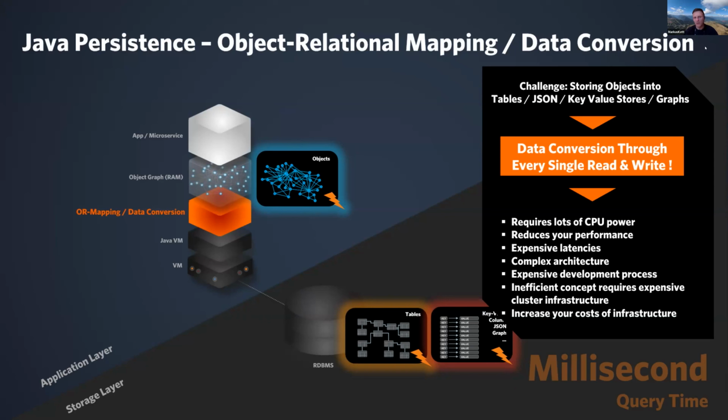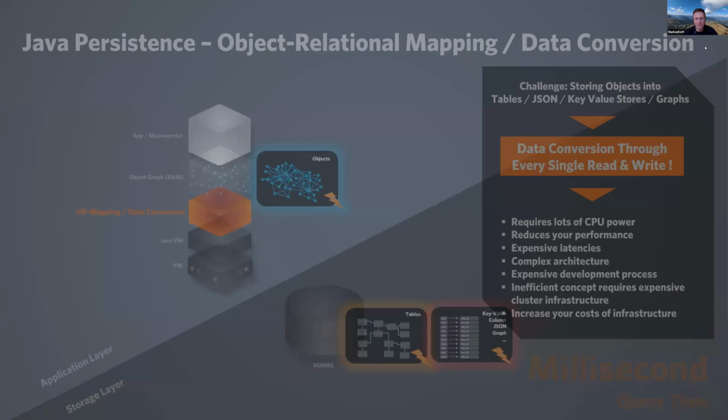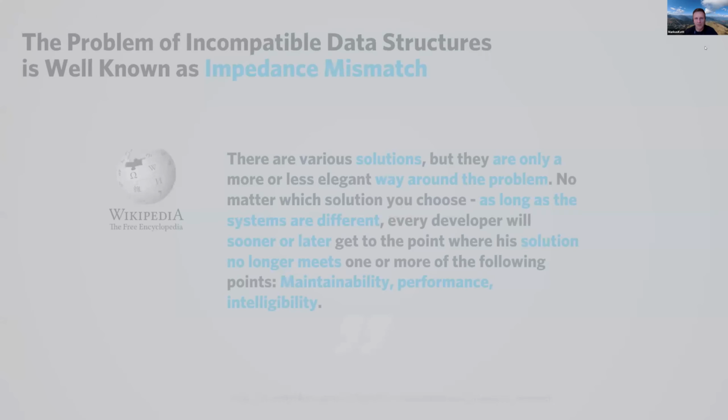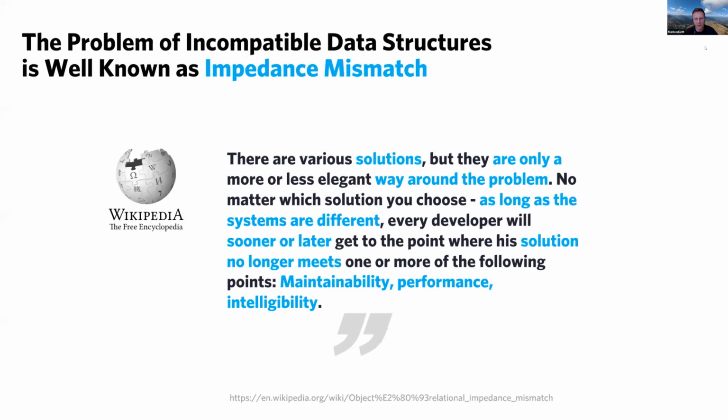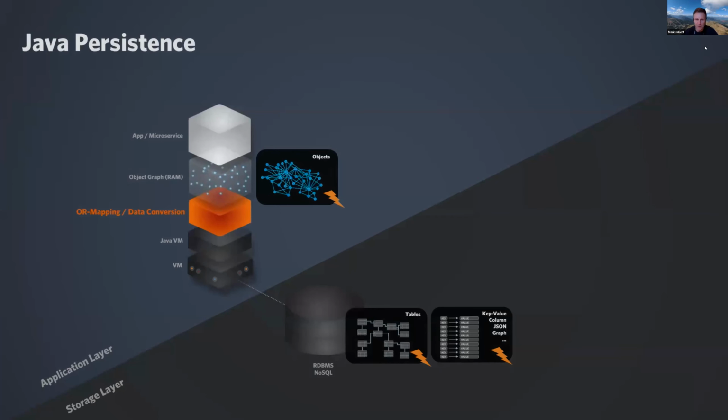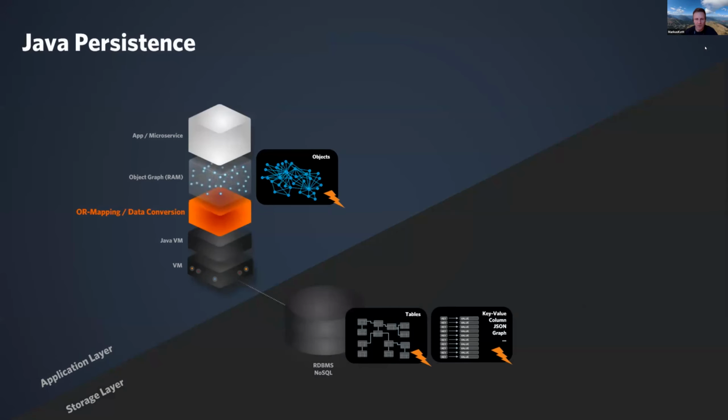Objects have to be generated behind the scenes, or data structures have to be converted. So this leads to expensive latencies. And the frameworks are really complex. Here you can see impedance mismatch. You can read about this on the internet. There are great articles, easy to understand.